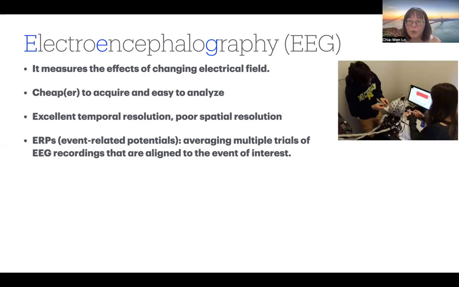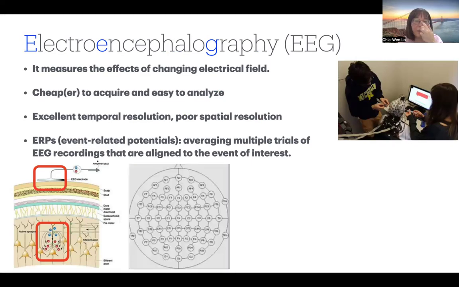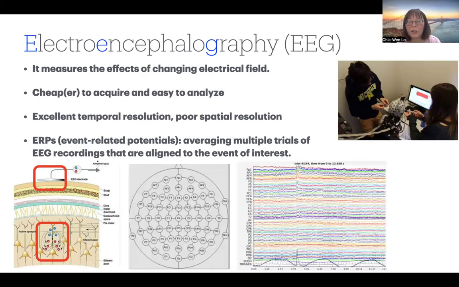Usually we put a cap on the participants, and the cap has many electrodes on it, so it will record the changing electric field. You can see there is a scalp EEG, and this is the topography showing that we have about 64 electrodes on the cap. This picture shows that each electrode collects the temporal response.